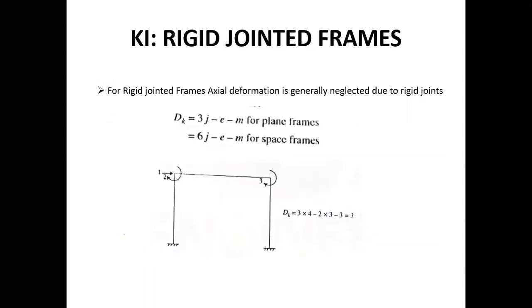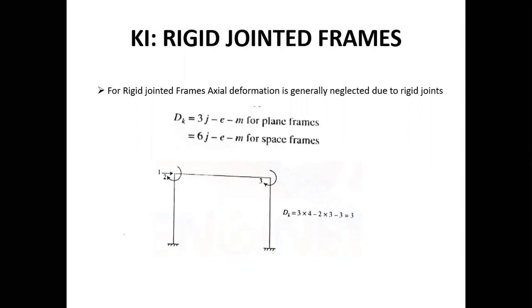Now, in the previous slide, we studied how to calculate the kinematic indeterminacy for beams. The formula was simple: 3j minus r minus m. But here we'll see how to calculate the kinematic indeterminacy in case of rigid jointed frames.